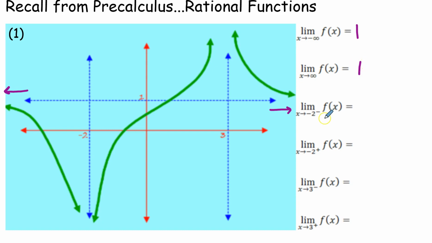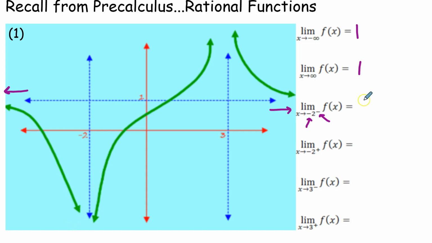The next one is a one-sided limit. What is the limit of f of x as x approaches -2 from the left? So this is the negative sign and this is the from the left sign. So here's -2. What I want to do is come closer to it from the left, which means I'm following this curve. As x gets closer to -2, the y values are going down infinitely far.